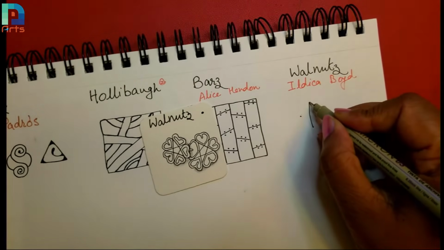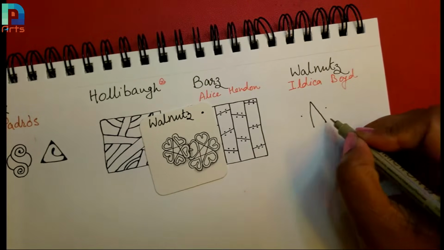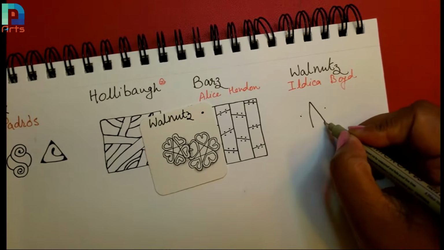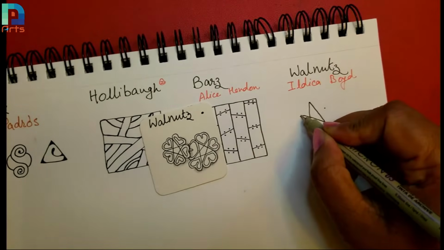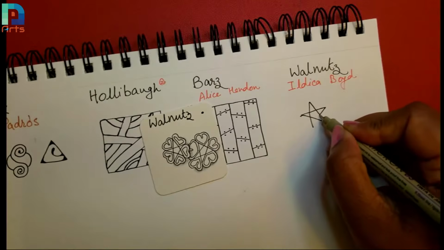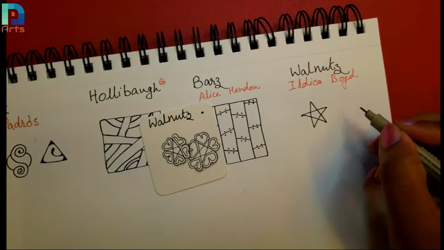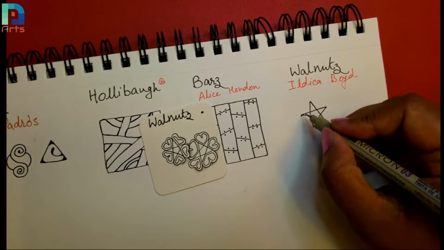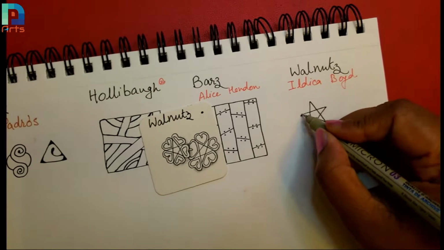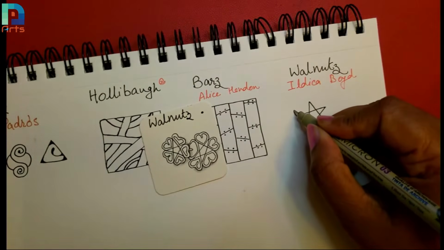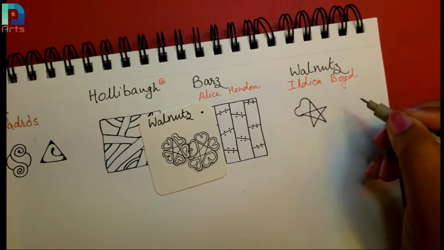Then you join here, again leave one, then again leave one, then again leave one, and that's how you get this star. I hope it's clear. I'm going to do it one more time. Then we are going to join these stars from the tops with little wavy curvy lines.